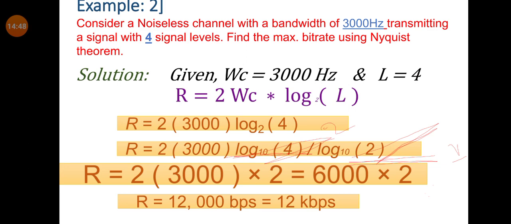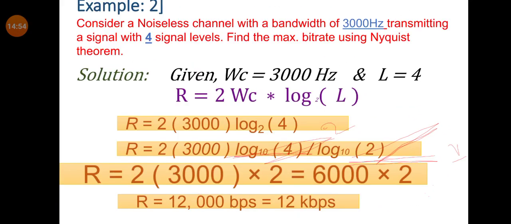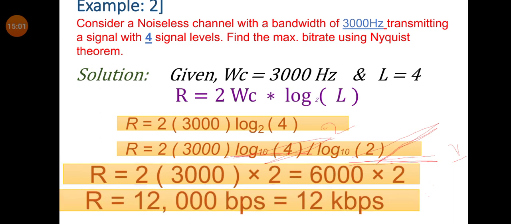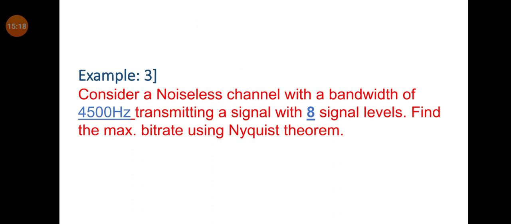So now simplify it. 2 into 3000, 6000. 6000 into 2, 12,000. So R is equal to 12,000 bps, bits per second. So 12,000 bits per second means how much? 12 kbps. Clear?